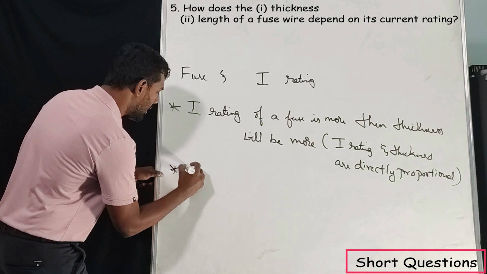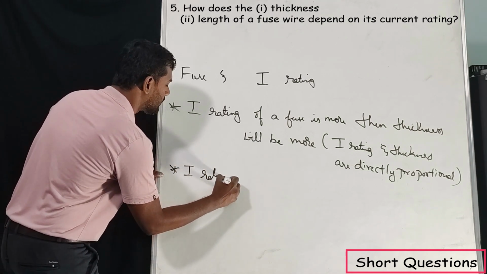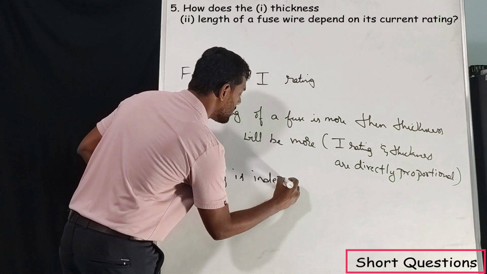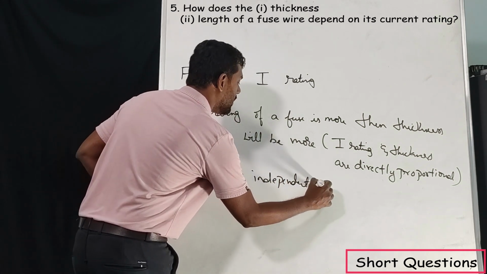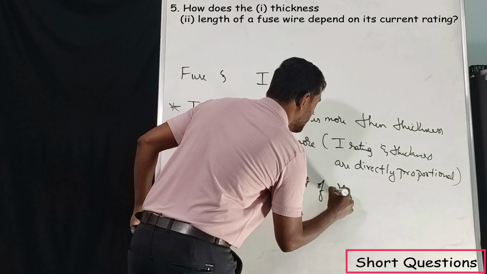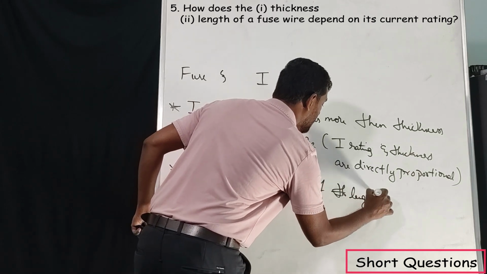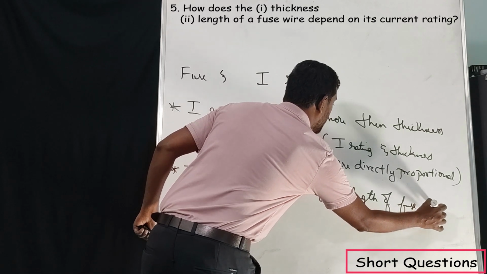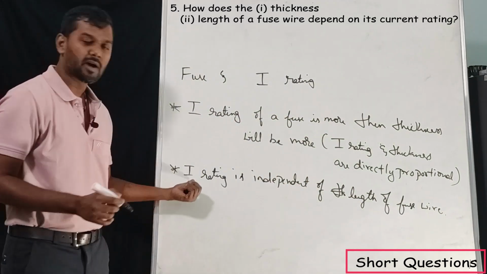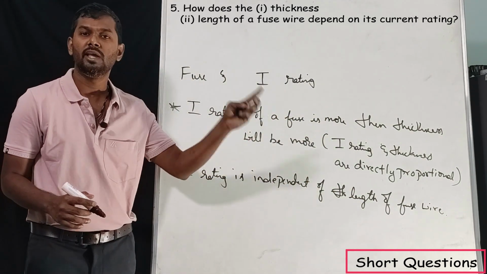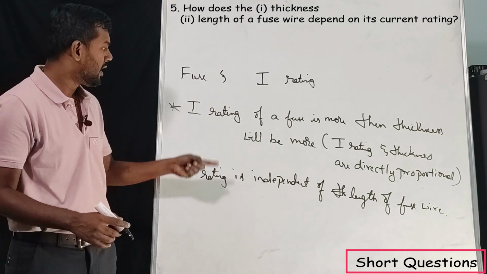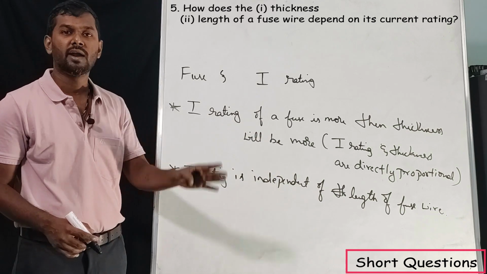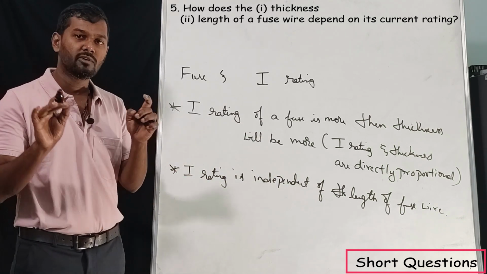Then current rating is independent of the length of the fuse wire. That means current rating will never depend upon the length of the fuse wire. Length is not the factor which affects the current rating of a fuse.